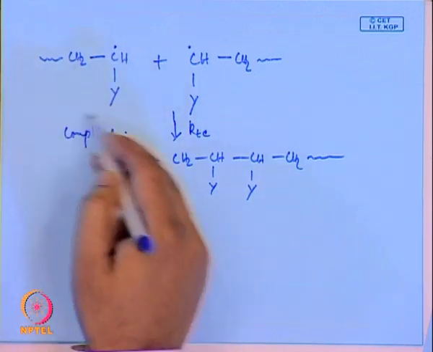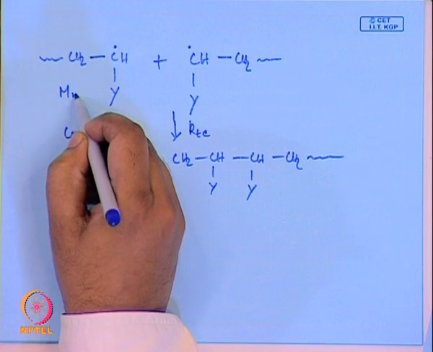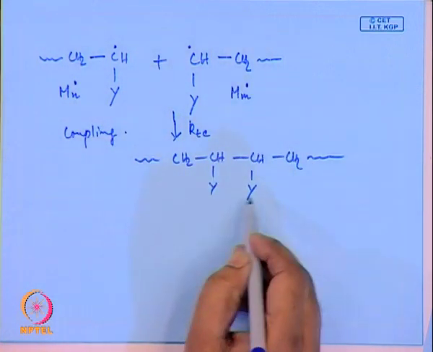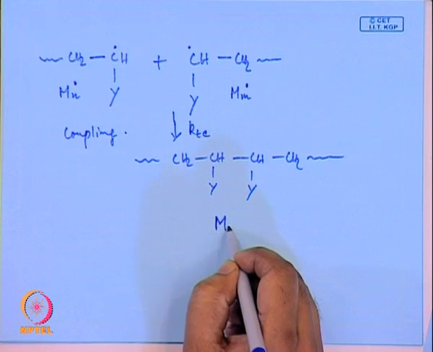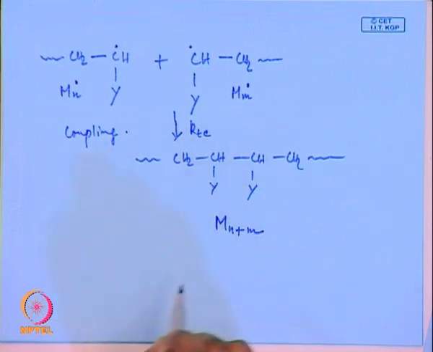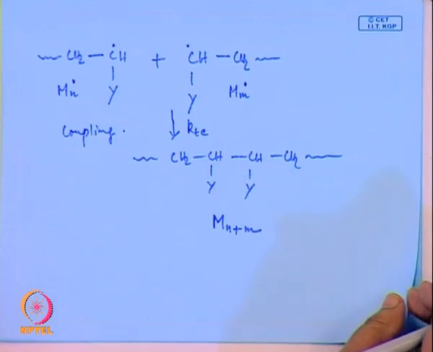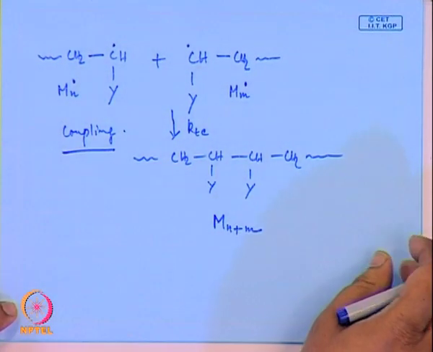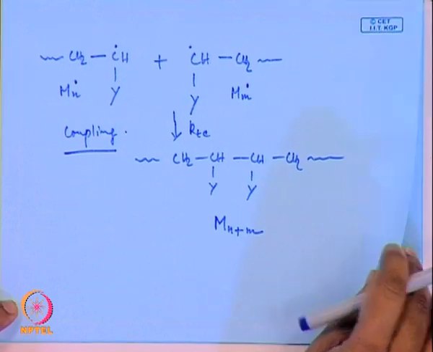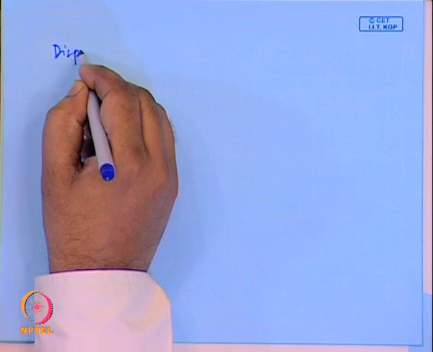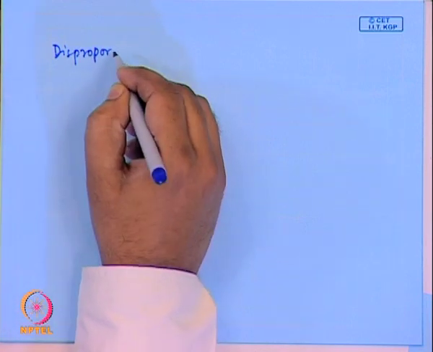If I write this as Mn dot, and this as M dot, then this will be Mn plus M. Now, they can get terminated by another type of reaction, the disproportionation reaction, as well.